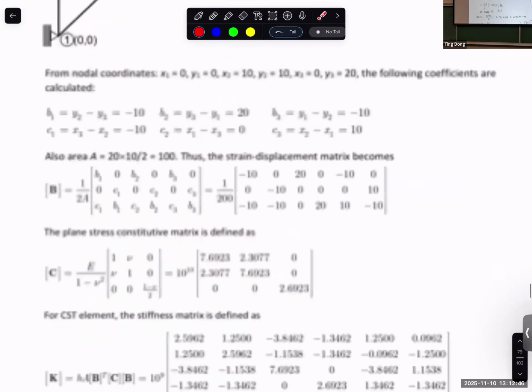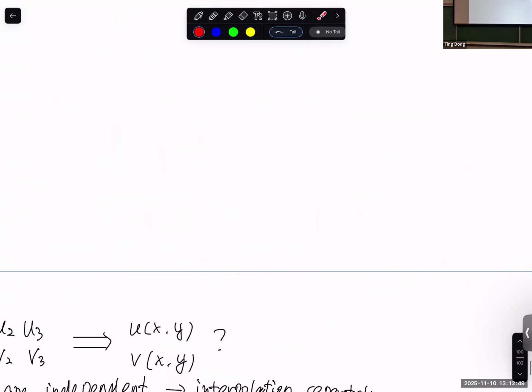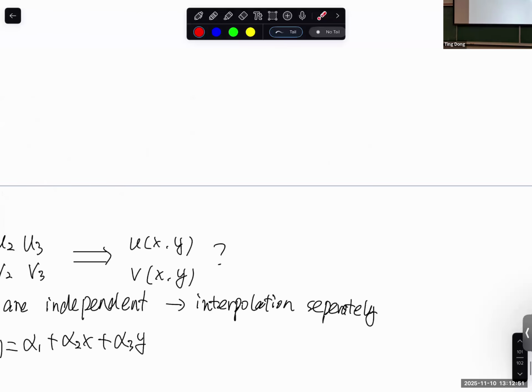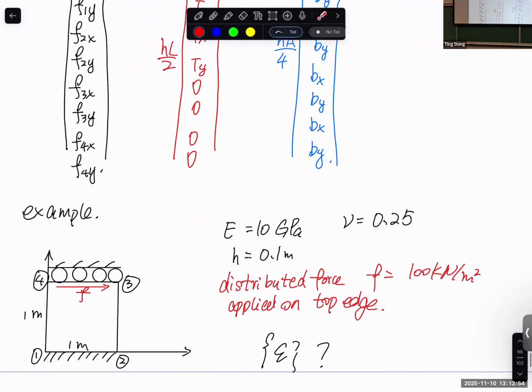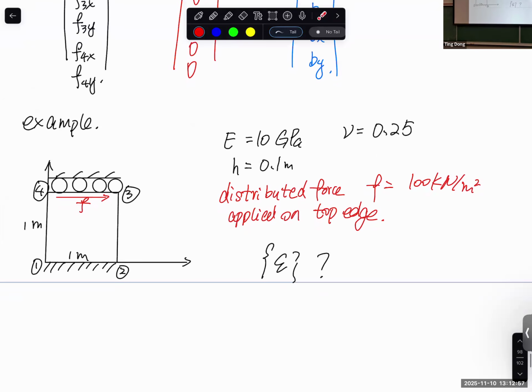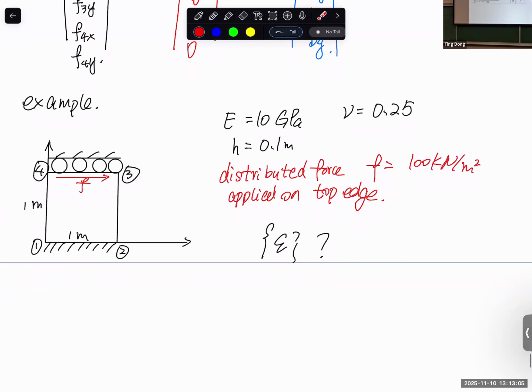So this is the same problem, but you need to use a square element to model it, not two CST elements anymore. How to calculate the strain in this structure? How to calculate strain? Anyone? What is the first step?